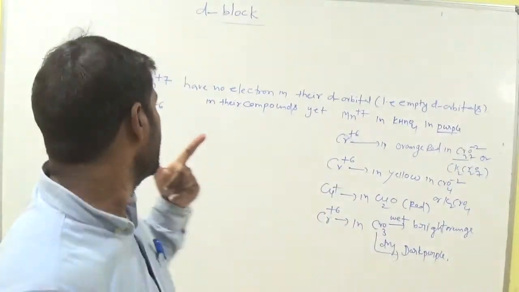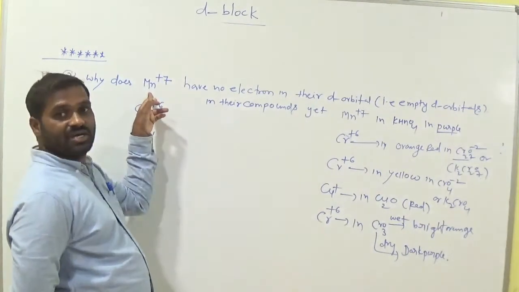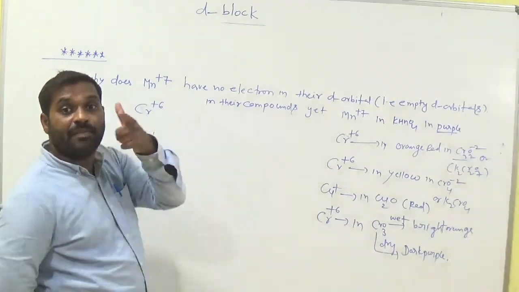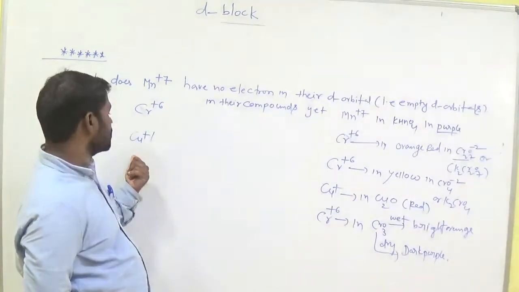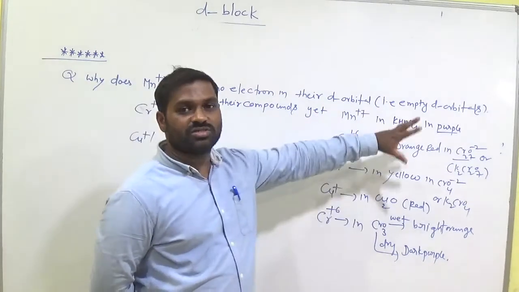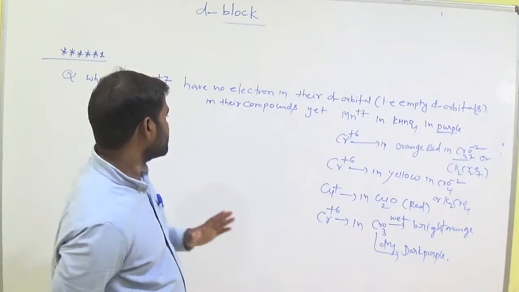That is the question. Manganese plus 7 in KMnO4 shows pink color, but there are no electrons in the d orbital. Empty d orbital means colorless, am I right? So here also no d electrons, here also none, but these ions in their compounds show different colors. How is it possible? Is it clear, students?